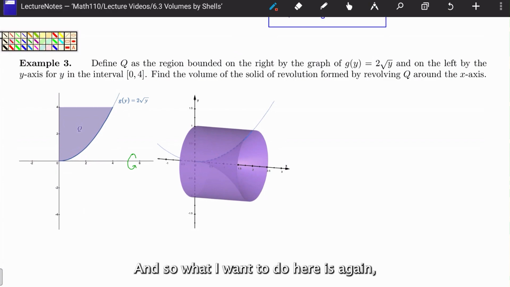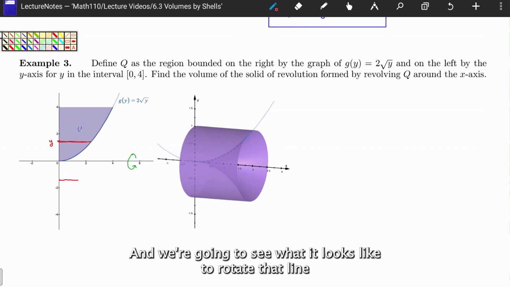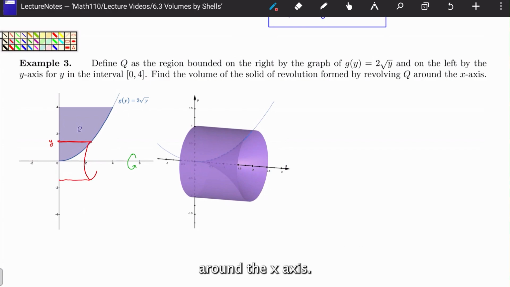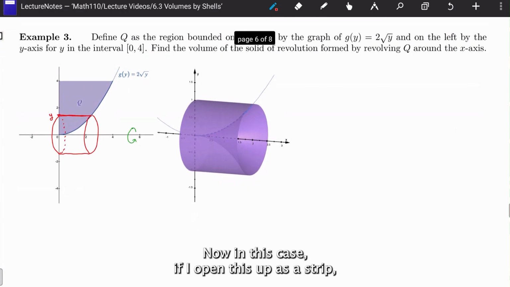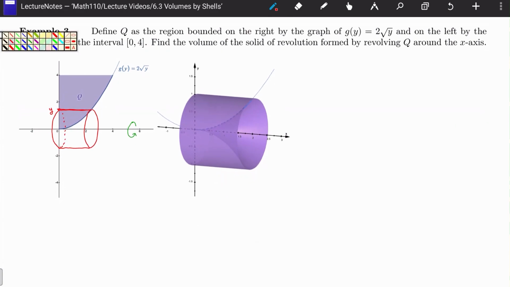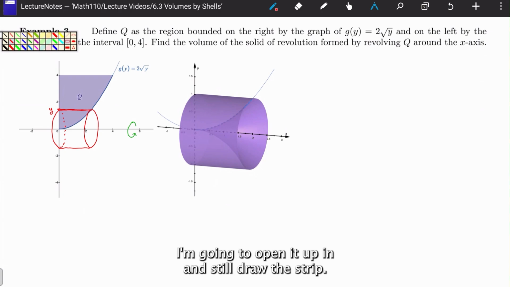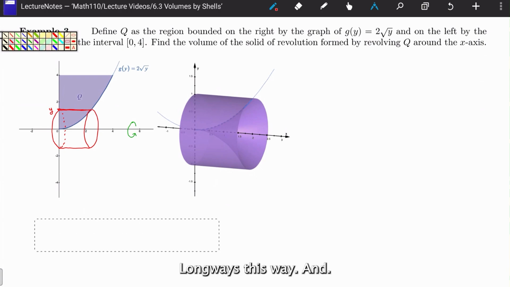And so what I want to do here is, again, pick a y value, and we're going to pull up a line across that region, and we're going to see what it looks like to rotate that line around the x-axis. Now in this case, if I open this up as a strip, I'm still going to draw the strip long ways this way.